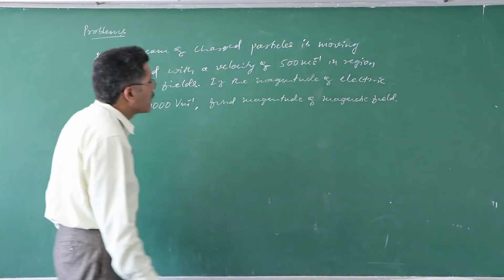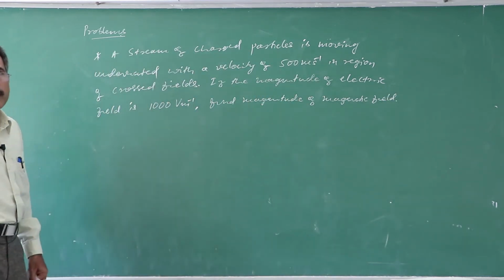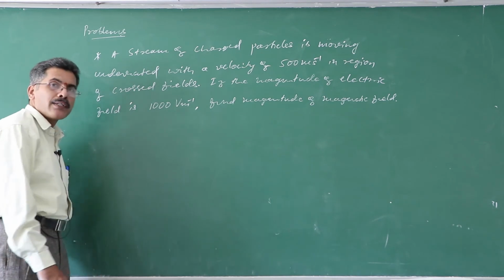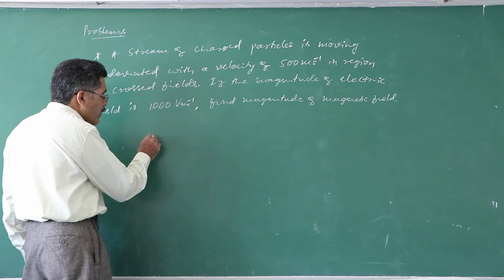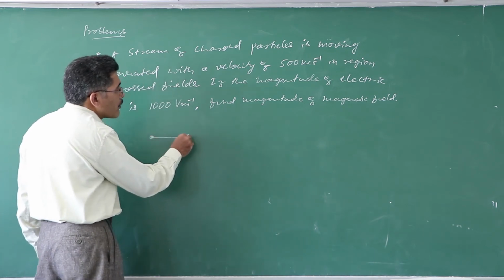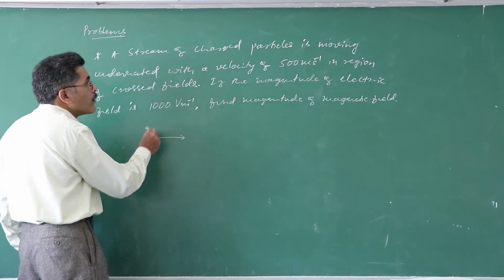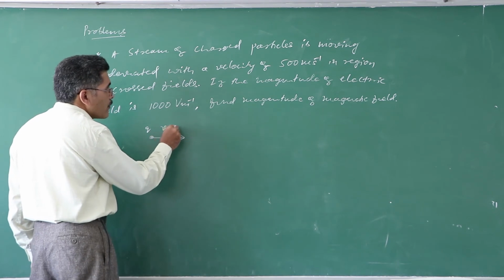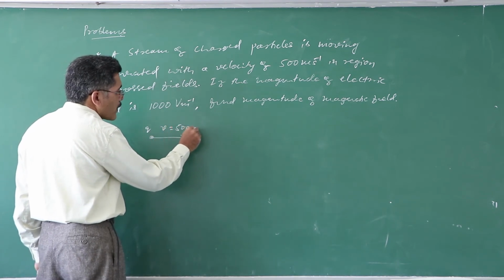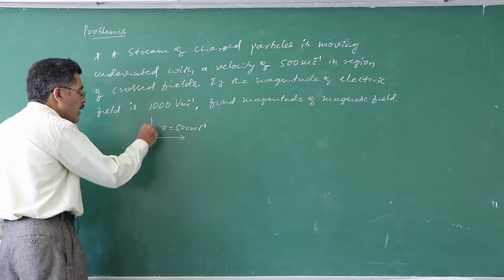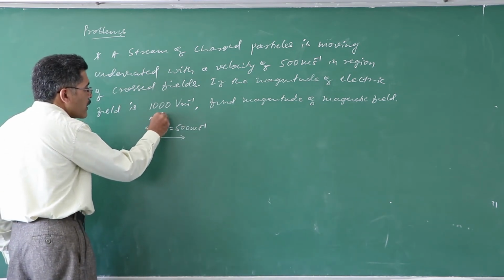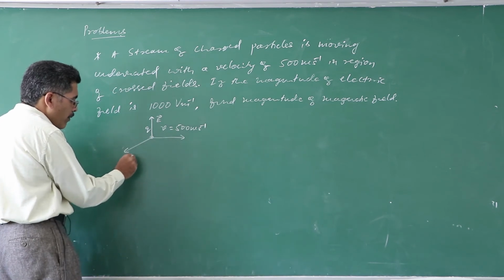See, in this case, the electric field is perpendicular to the magnetic field. So one is perpendicular to the other. We have a charged particle q moving with a speed of 500 meter per second. Here we have the electric field E acting, and here we have the magnetic field acting.